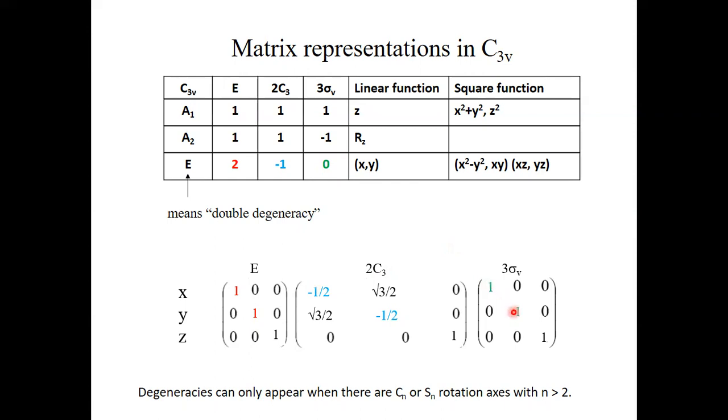So 1 - 1, well, that is just 0. All right. So these degeneracies can only appear when Cn or Sn rotational axes of higher order than 2 are present. That's certainly the case in the point group C3V. It's not the case in the point group C2V.